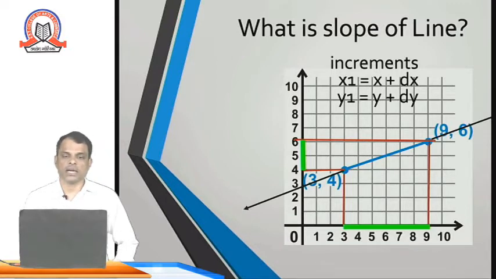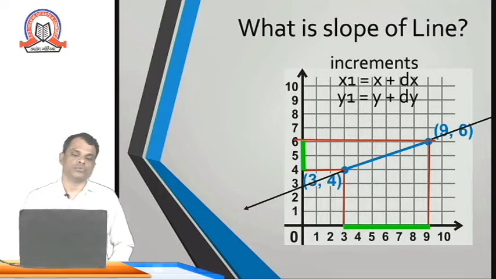Once we understand the slope, here I have shown the distance. So if you check, I calculated y2 minus y1, that is 6 minus 4.